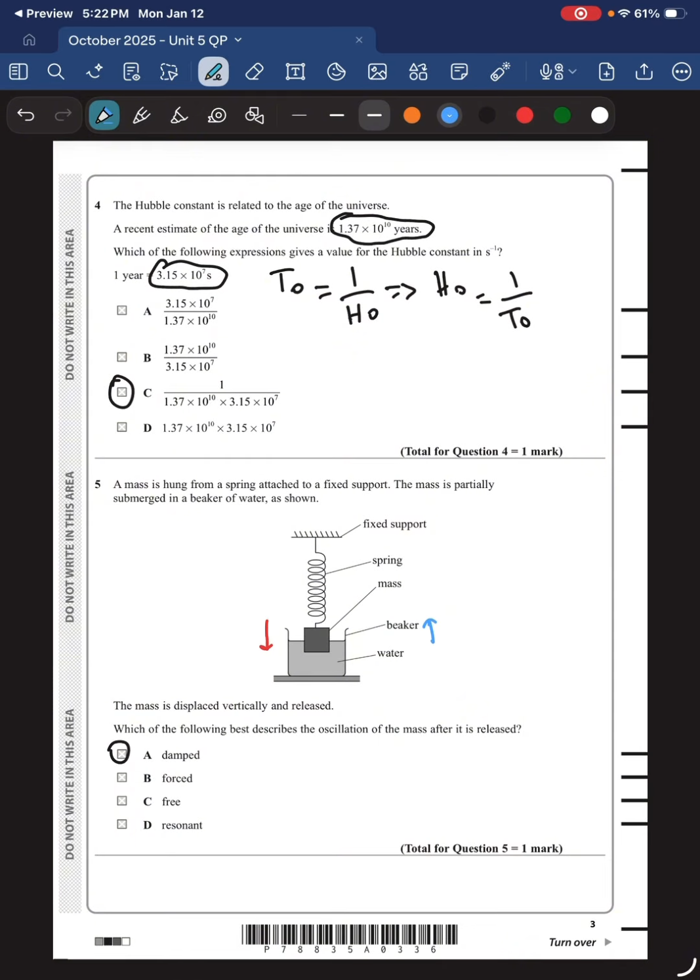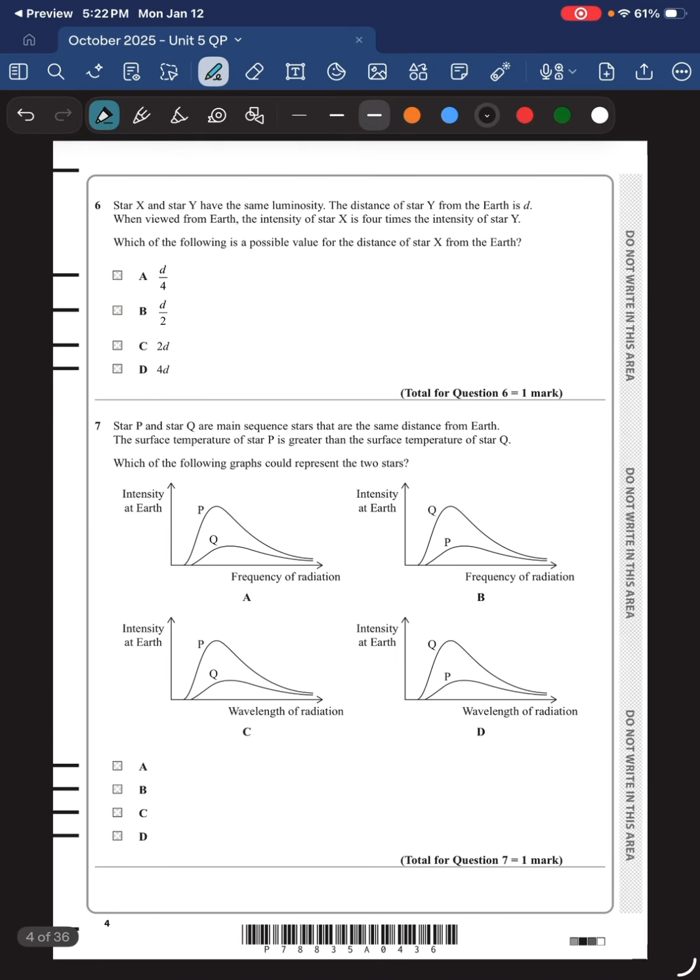Or in the opposite direction, if the mass tries to move up, then the water pushes it down. So there is some resistance opposite to the velocity, so that's a damped oscillation. Let's move on.